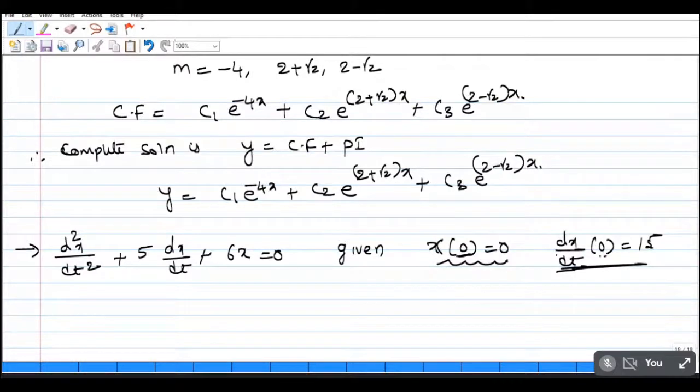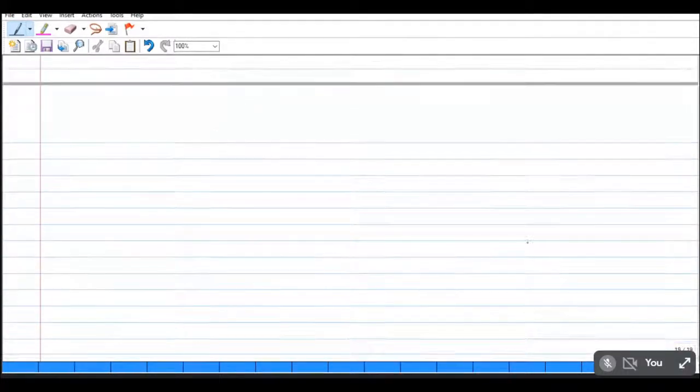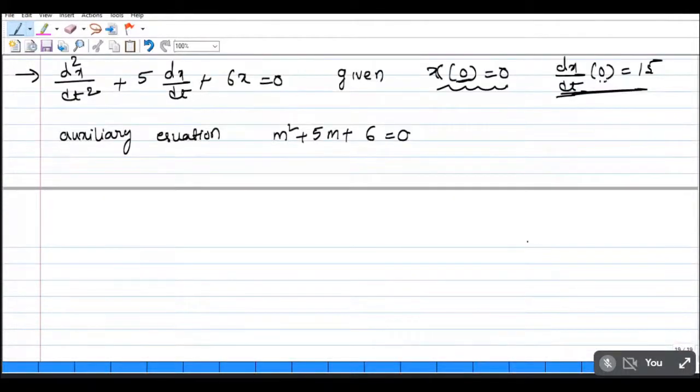You first write the complementary function, write the auxiliary equation first. Auxiliary equation: m square plus 5m plus 6 equal to 0. What are the roots?